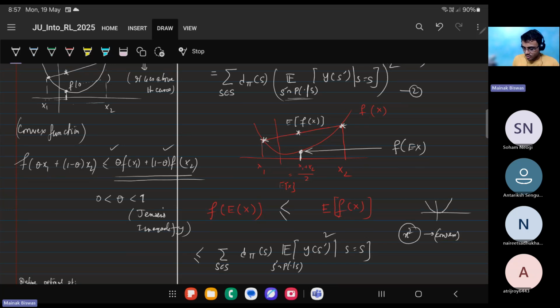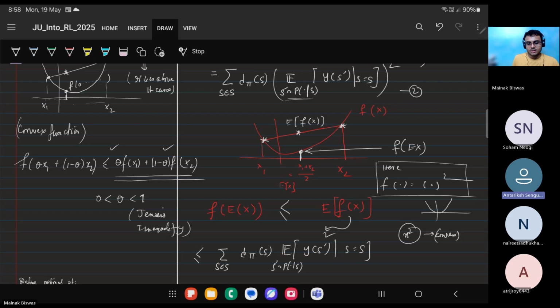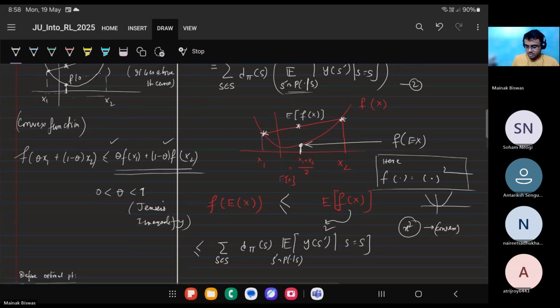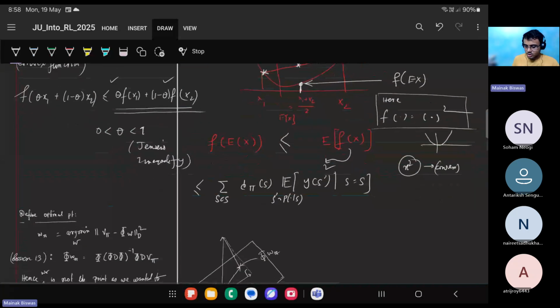See, the expected value of the function by LOTUS. I put the expected f. What is f of x? Here, it's x square, yes or no? Yes, no issues. Okay, there are no issues.